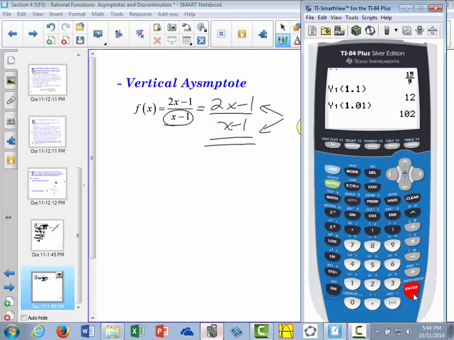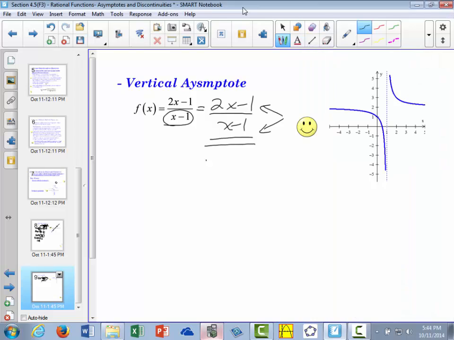And that makes sense, because if we go back and look at our function, if I take 1.01 minus 1 in our denominator, and 2 times 1.01 minus 1 in our numerator, I get 2.02 minus 1, which is 1.02, but then I'm dividing by a really small number, 0.01.